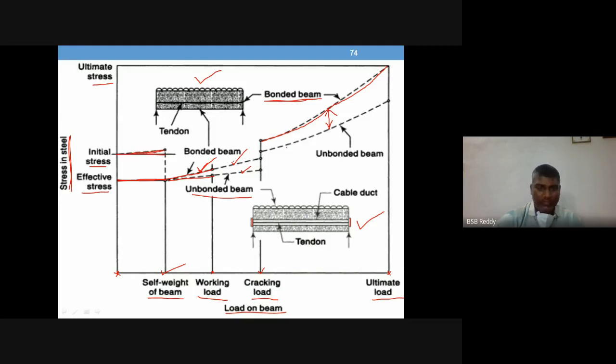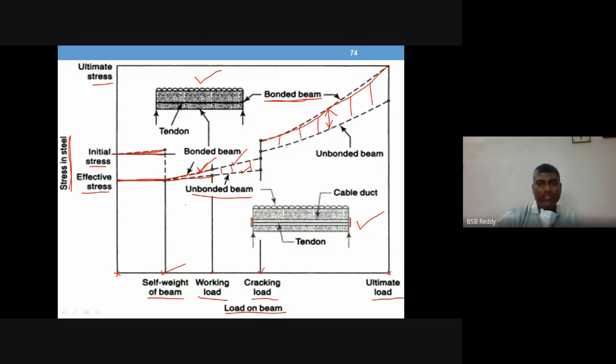Always you see the difference between the stress in steel in bonded and unbonded beams are going on increasing. Okay, as the load increases, it is going on increase. I mean, the gap is increasing.